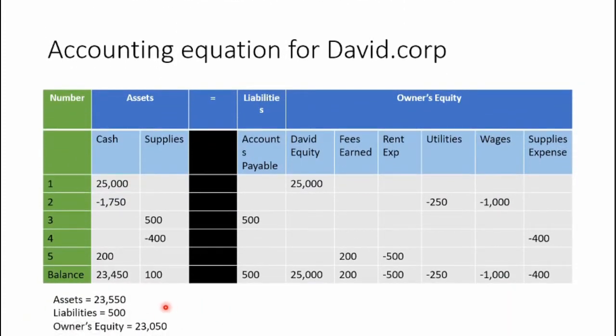So in the end, we will have an ending balance for each account right here. If we sum the assets and the liabilities plus owner's equity, they should be balanced. So the assets should be equal to the liabilities plus owner's equity.